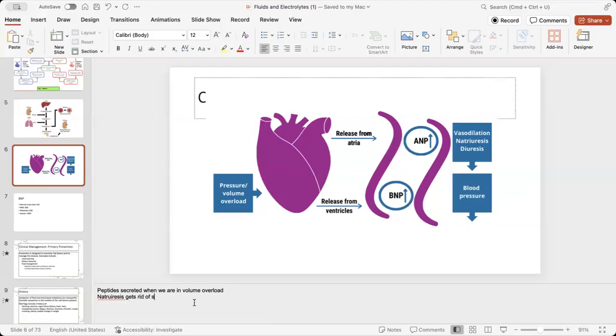So we're getting rid of the extra fluid and water, which hopefully will then decrease our blood pressure. It's going to work kind of the opposite of aldosterone. It's going to inhibit the reabsorption of sodium. We want urine output. We want less blood volume.